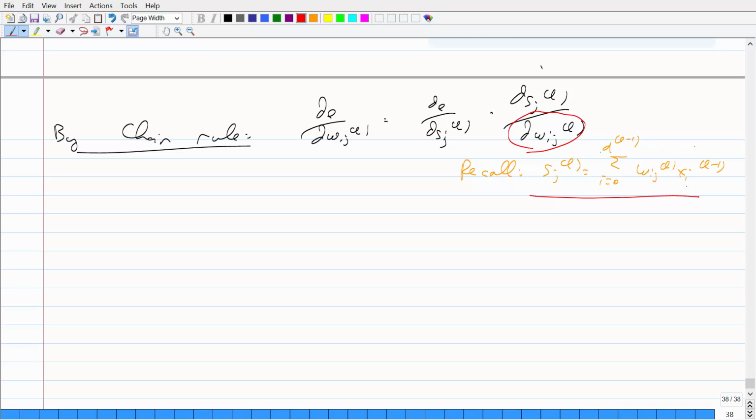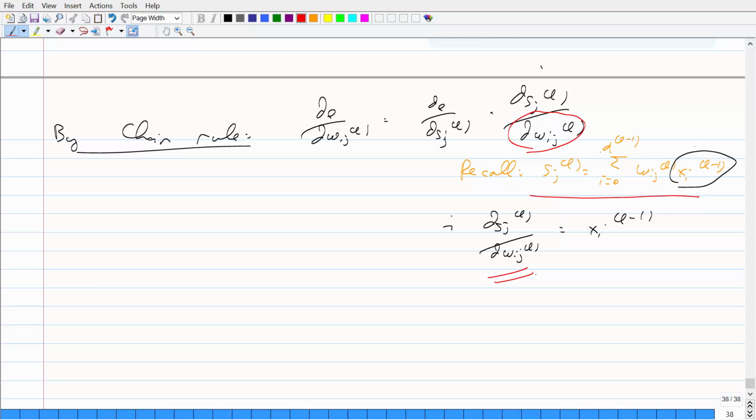Because this is a summation of weights, you consider all the other terms constant except for the one that you're differentiating with.